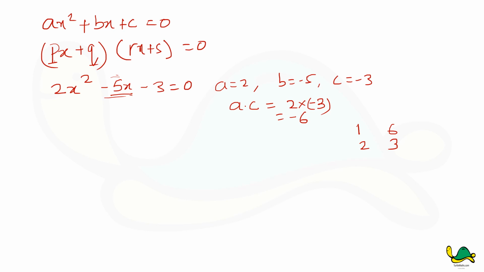But be careful, because -2 times -3 is equal to positive 6, whereas I want my product to be -6. So we should use 1 and 6, and we can write it as 2x² - 6x + x - 3 = 0.